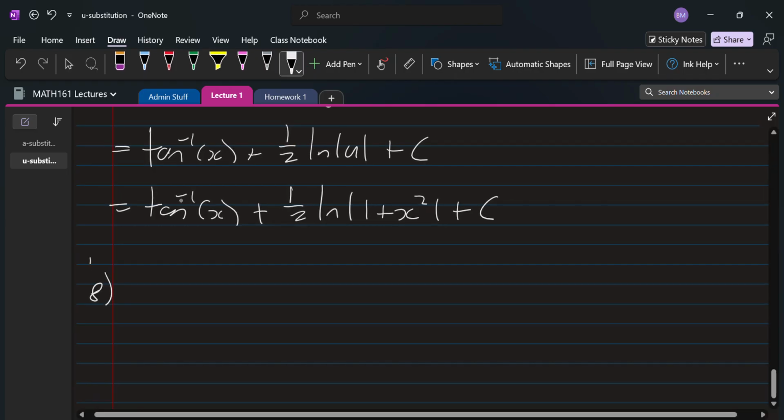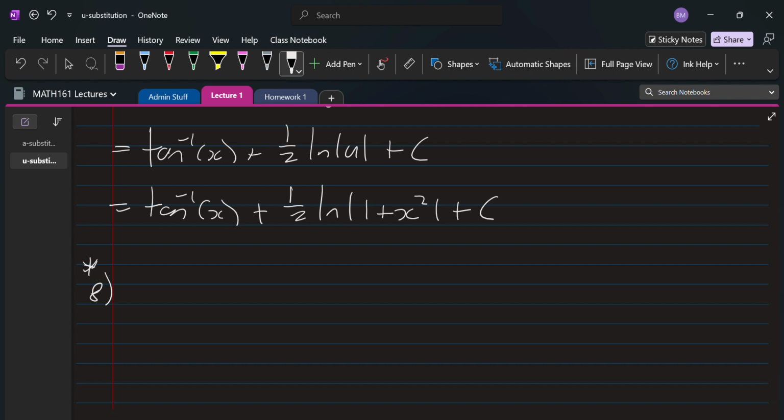Okay, 8. A little star. Again, this one's a little bit more difficult. In other words, it's not just let u be this, du is that. A little bit more work. So we have the integral of x over 1 plus x to the 4 dx.